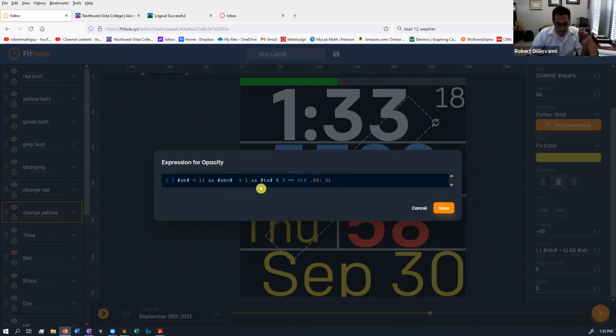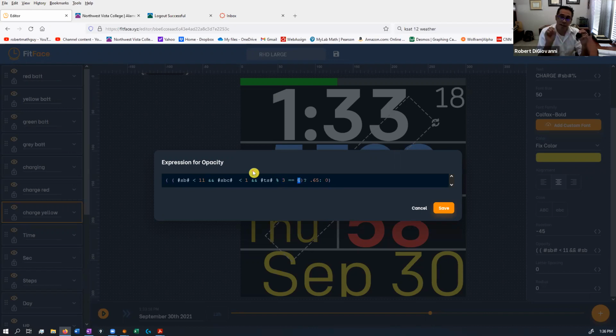But the symbols right there are basically me saying to take the time, whatever time it is, look at the seconds and mod it by 3. And if you get 0, then this is telling it to flash. Let's say the clock is 18 seconds into that minute.